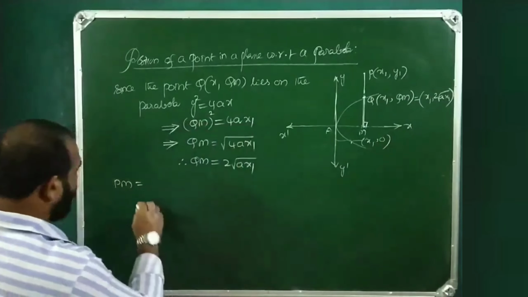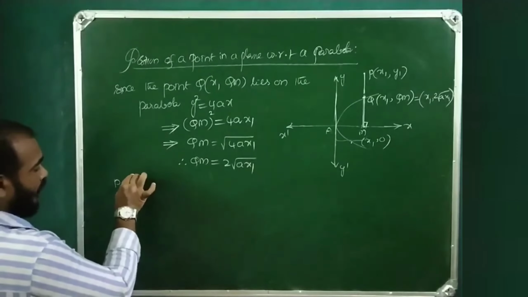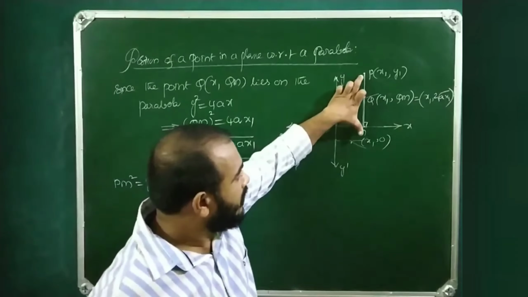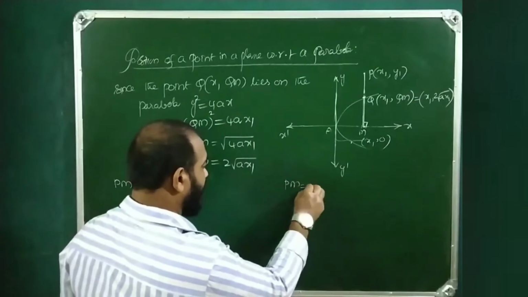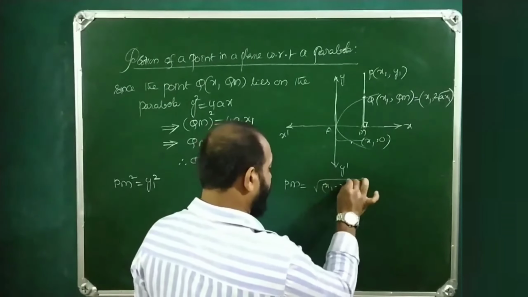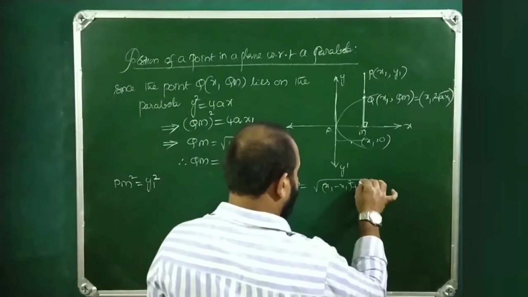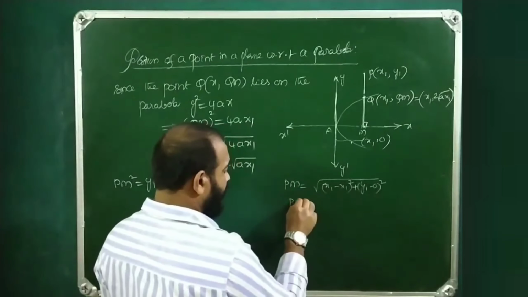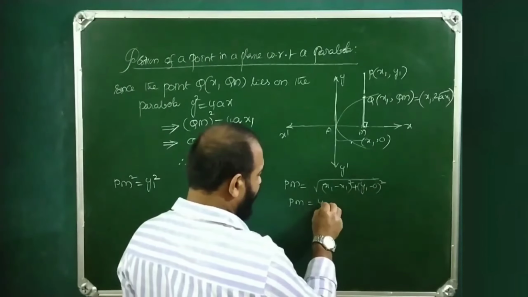So the square root gets cancelled, and PM is equal to y1.